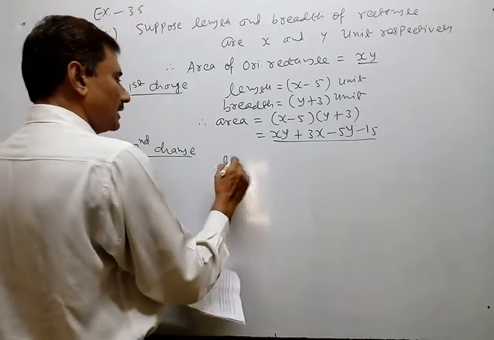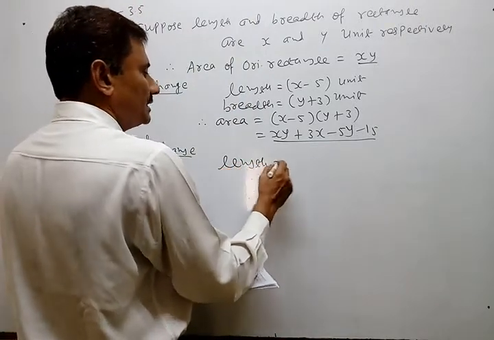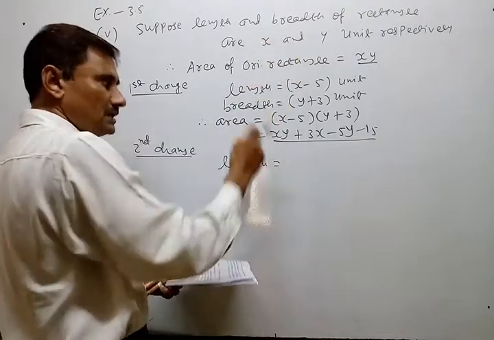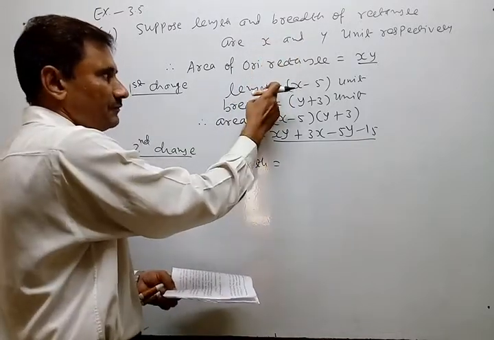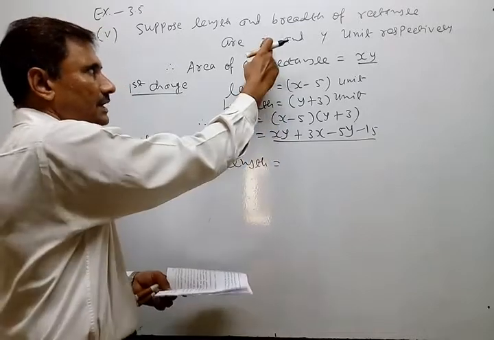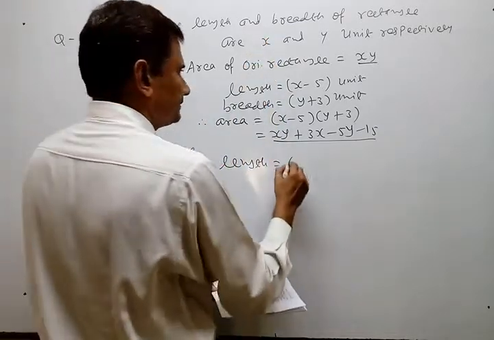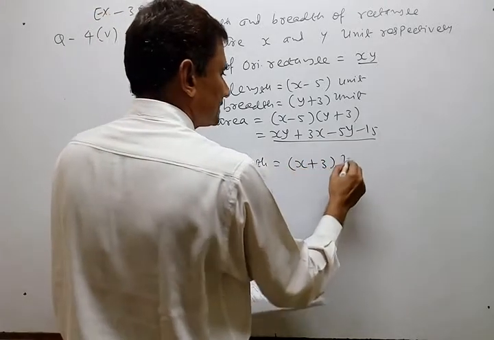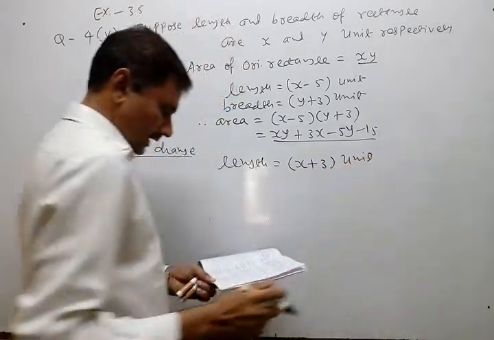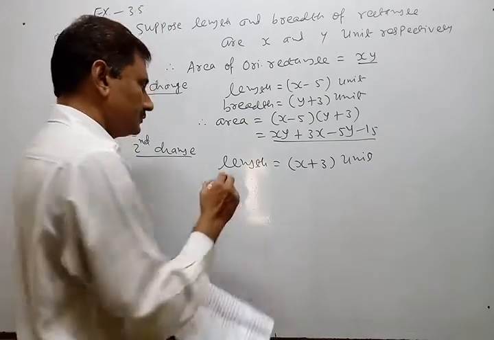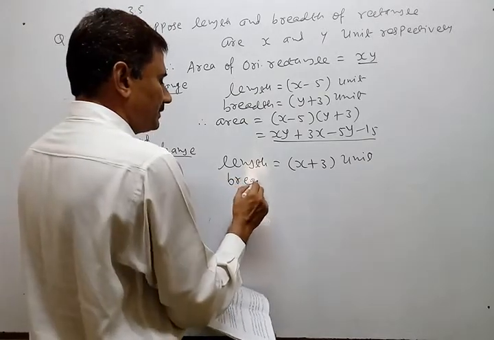The changes occur with respect to the original length and breadth, not with respect to the previous one. So from the original, the length increased by 3 is x plus 3 units, and the breadth increased by 2 is y plus 2.